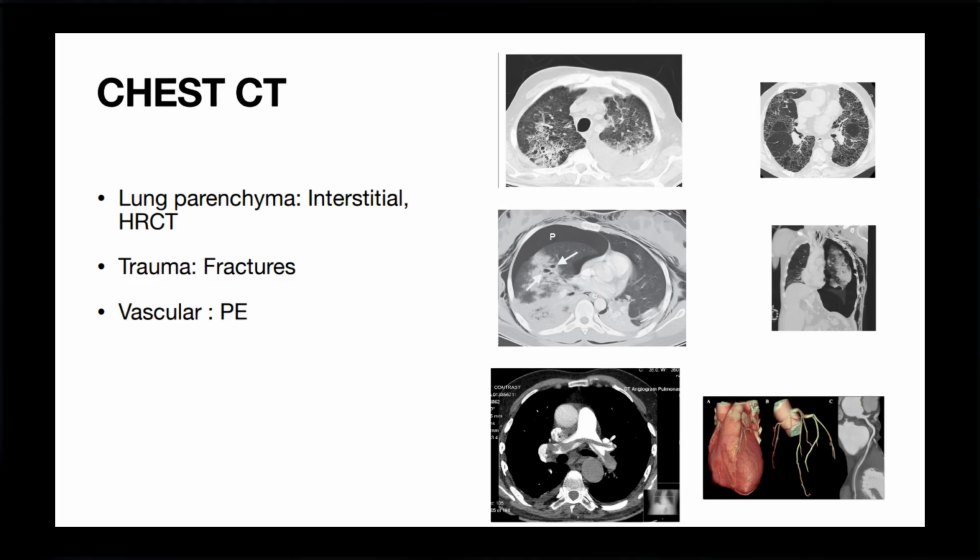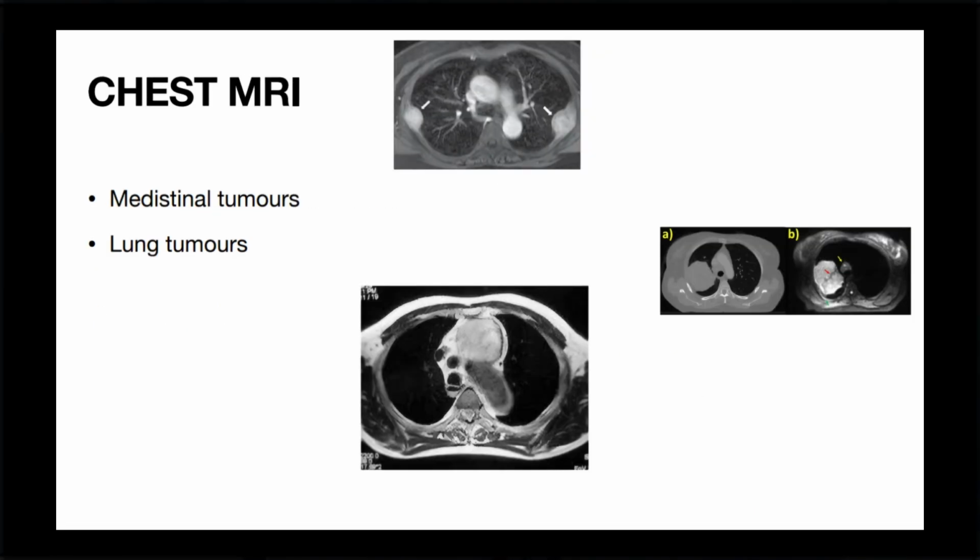Of course, like I said, MRI, its strength is in the tumors, like shown here, the mediastinal tumors, tumors of the wall, and tumors elsewhere. The MRI, because of their soft tissues, helps us to define the soft tissues better, if not best.